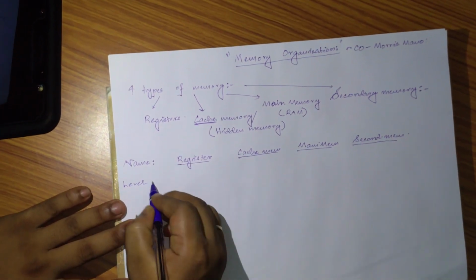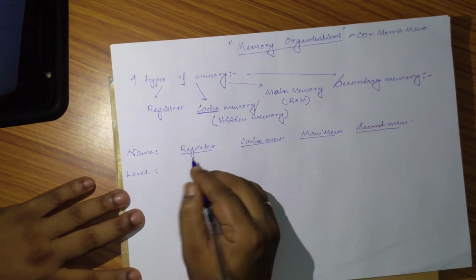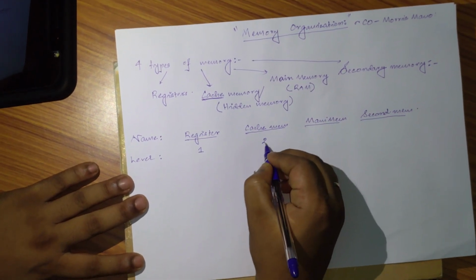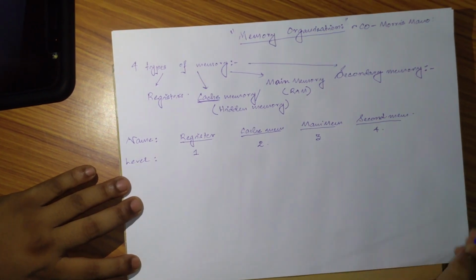If we see the level, registers are the nearest to the CPU, so they are in the first level, then cache memory comes, in the second level, then the main memory, and then the secondary memory, which is at the last.